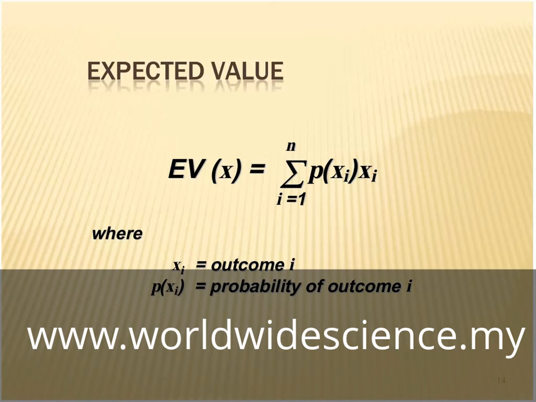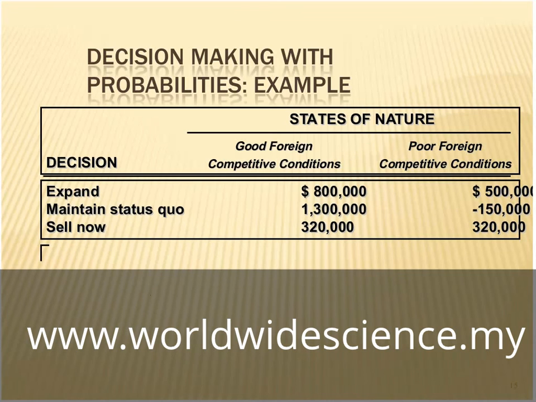Xi is outcome i, the payoff i, and P(xi) is the probability of the outcome. At first, have a look at this formula, and then I will give an example.